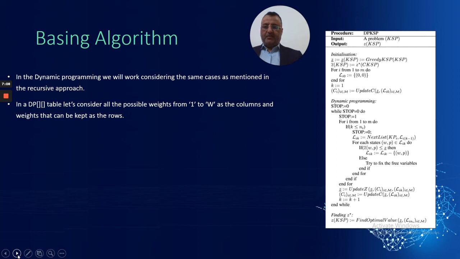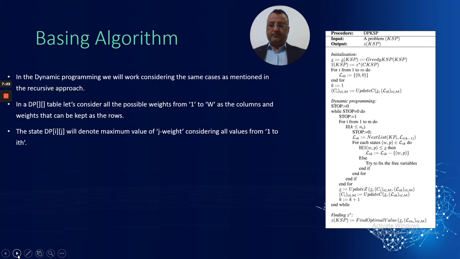In a dynamic programming table, let's consider all the possible weights from 1 to W as the columns and the weights that can be kept as the rows. The state dp[i][j] will denote the maximum value of j weight, considering all values from 1 to i.